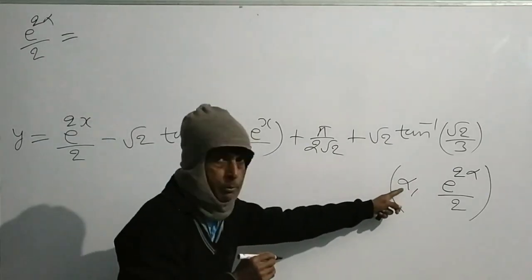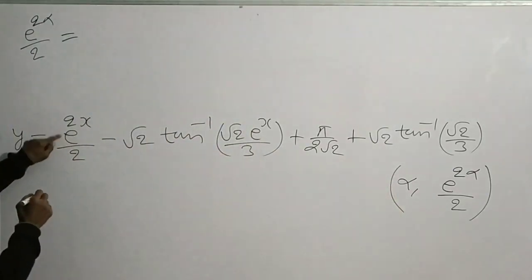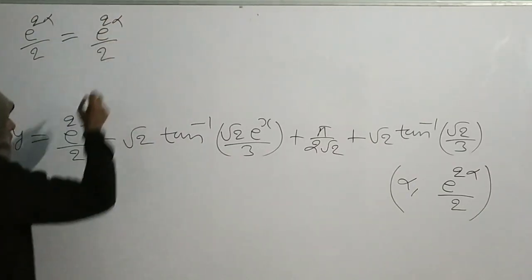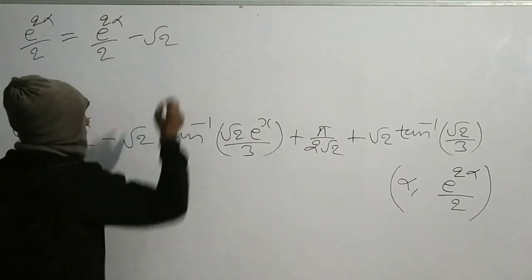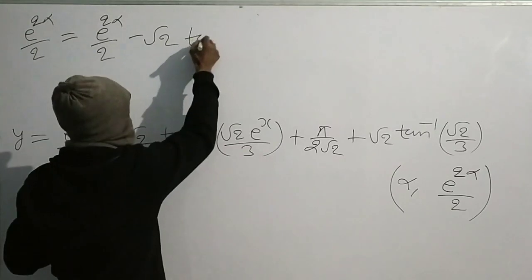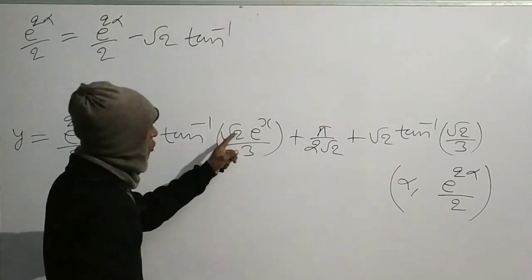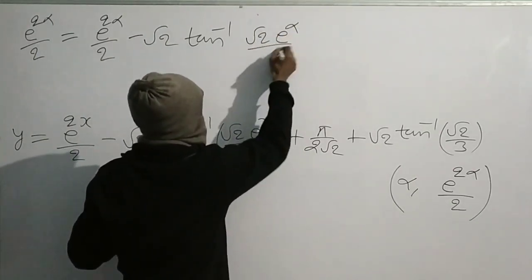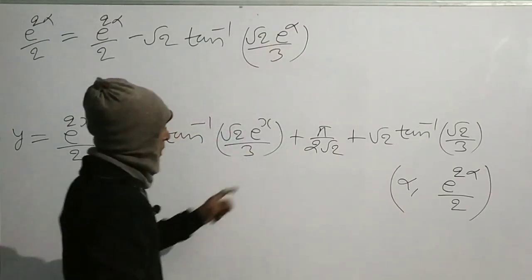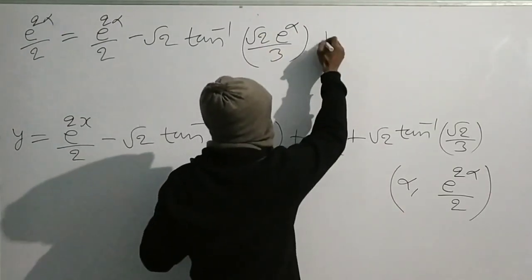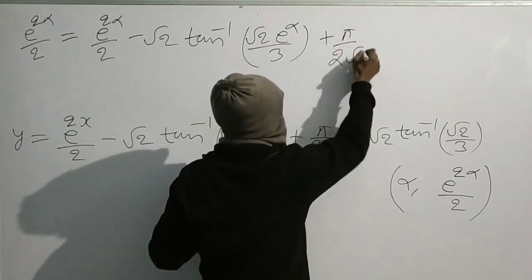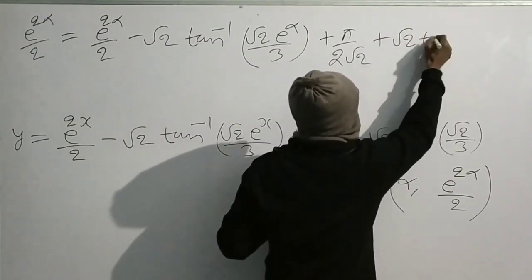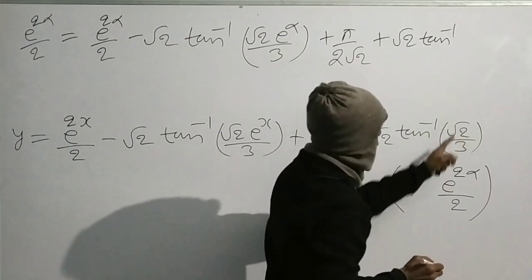In place of x we will put alpha, then this will become e to the power 2 alpha by 2 minus root 2 tan inverse root 2 e to the power alpha by 3 plus pi by 2 root 2 plus root 2 tan inverse root 2 by 3.